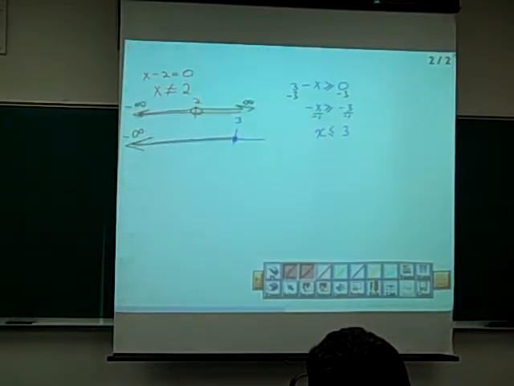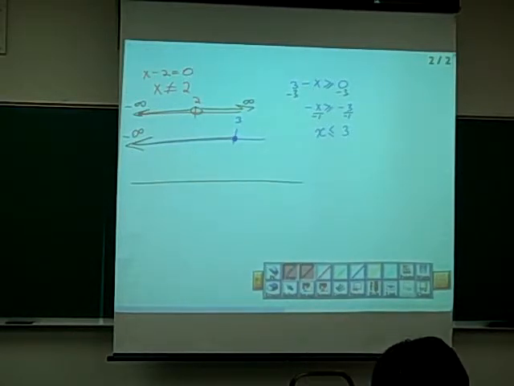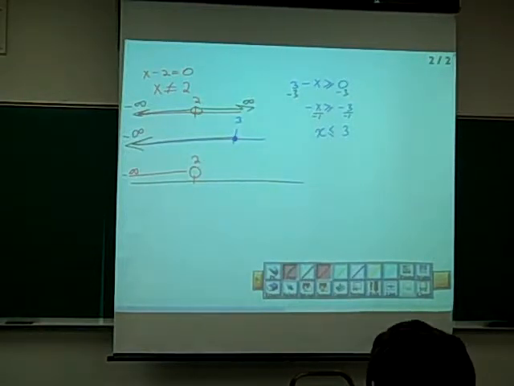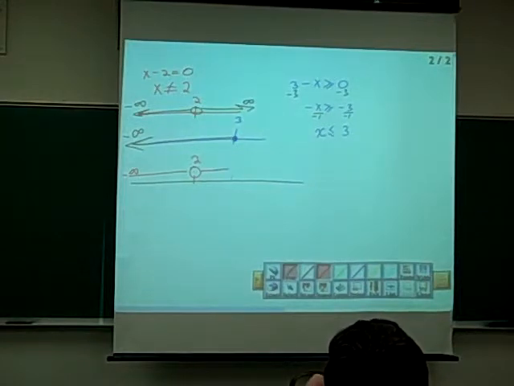So we've got negative infinity, but then at 2 it's open, and then it goes on. And then 3 is closed, and then it goes back. And then that's it.